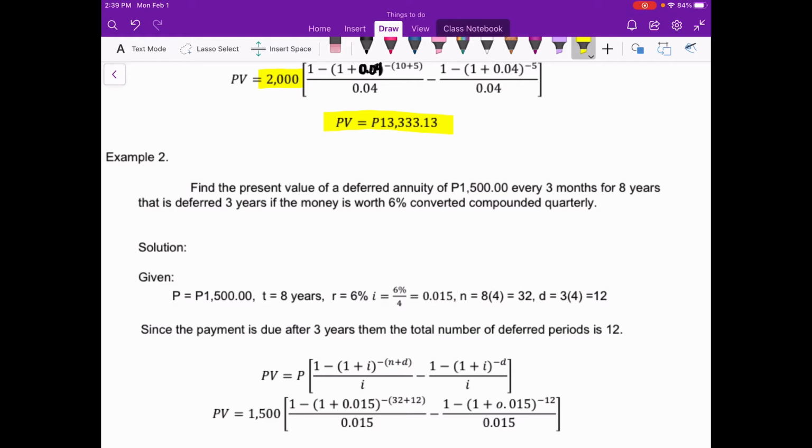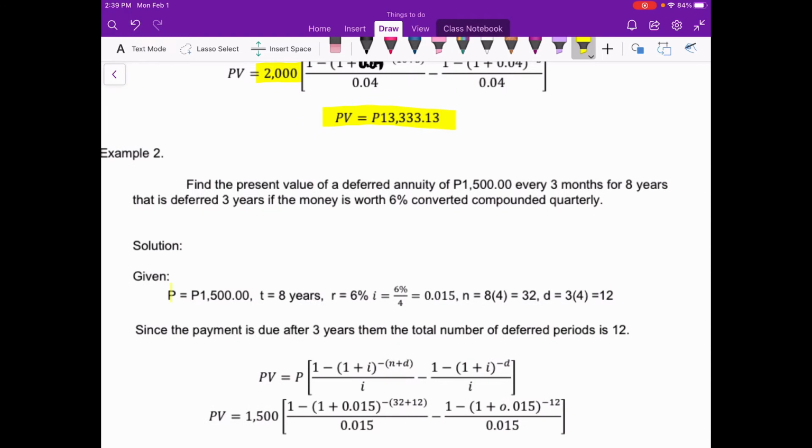So for this one, let's have our regular payment. So for our R, we have 1,500 pesos. And then for our T, it says there 8 years, our time. And then for our annual rate, it says 6%. So we could also write it as 0.06.